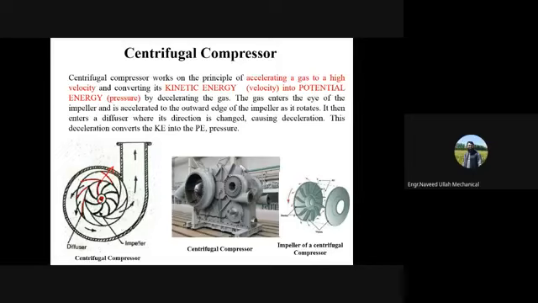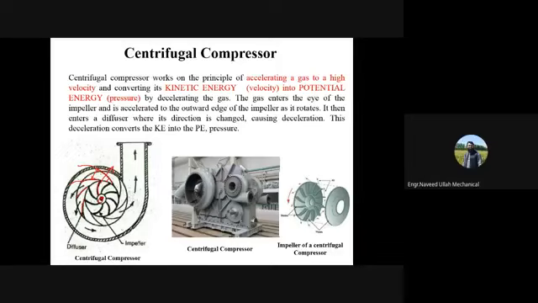Even if you look at this one, the area, this is the exit area, and this one will be the inlet area. So the exit area is more than the inlet area. This means that for subsonic flow the pressure will increase, right?